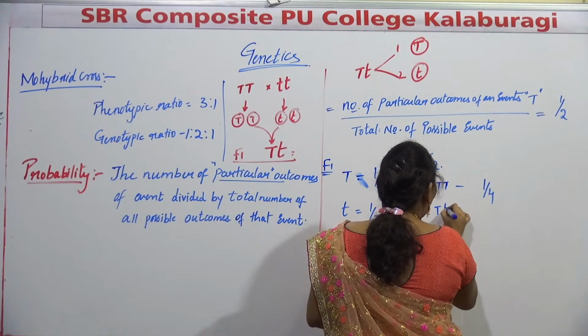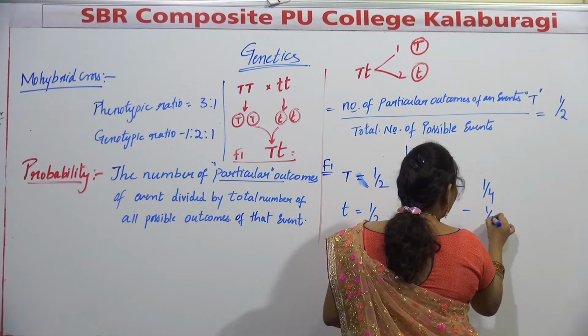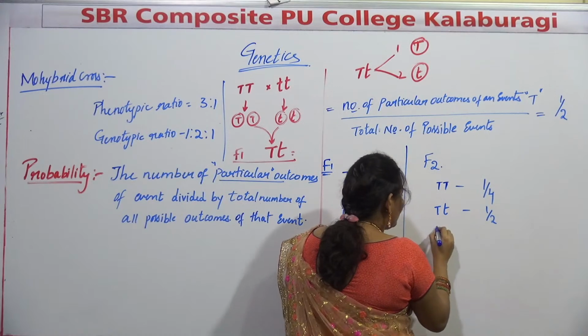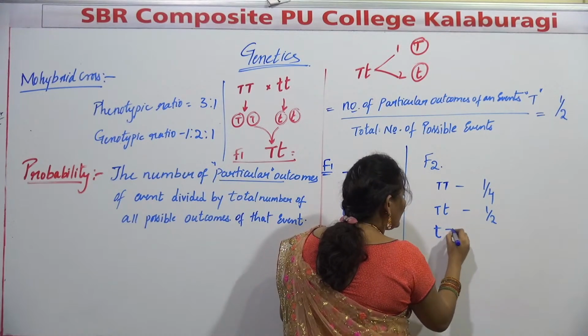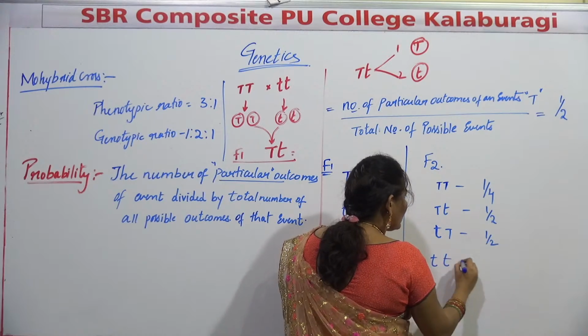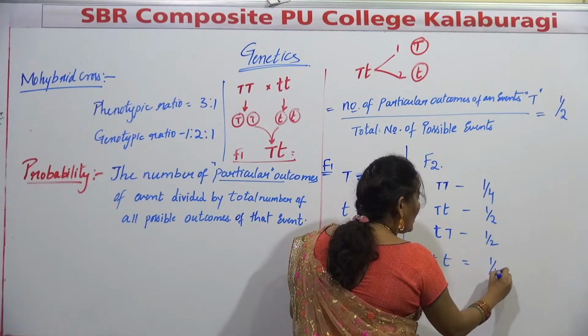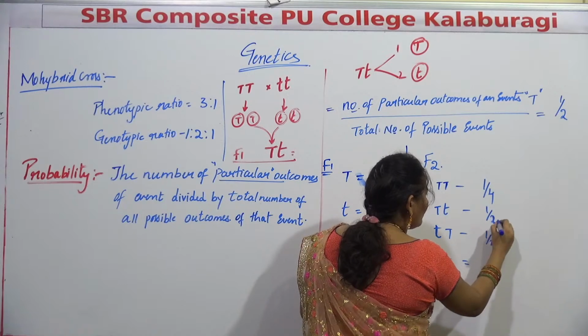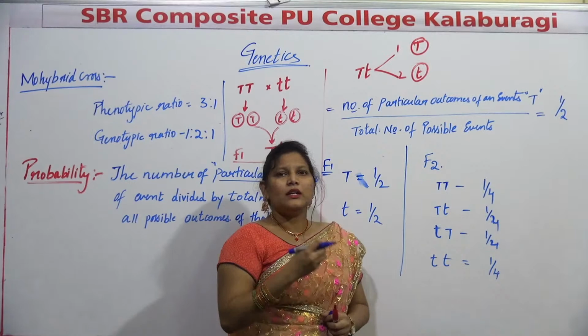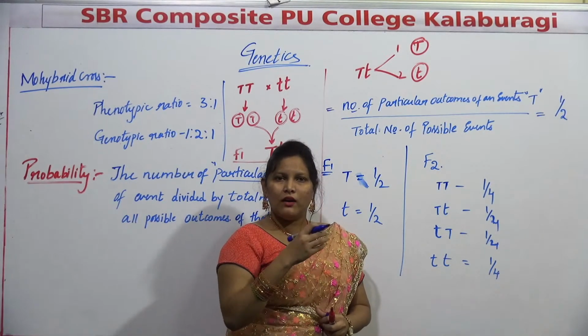Capital T small t is 1 by 2, and small t capital T is again 1 by 2. Small t small t is again 1 by 4. So out of this, what is the probability of the phenotype?